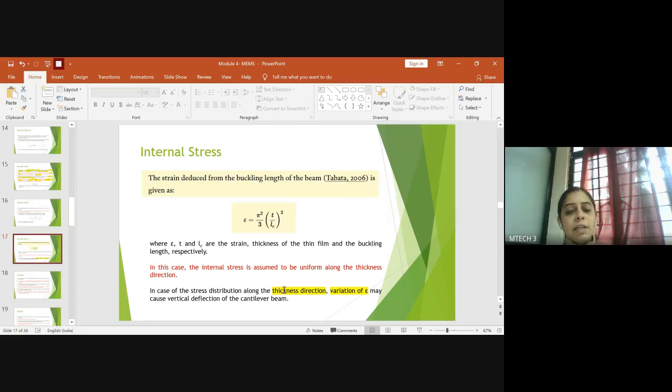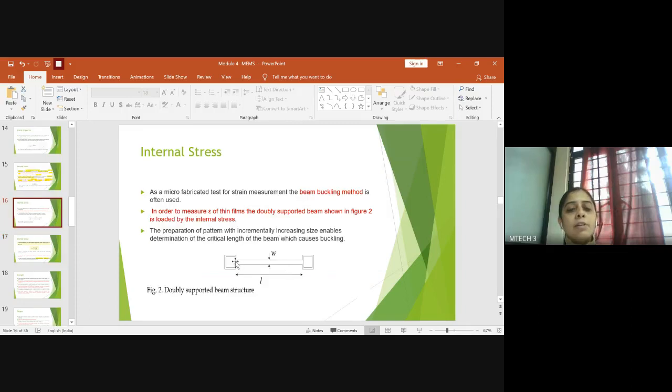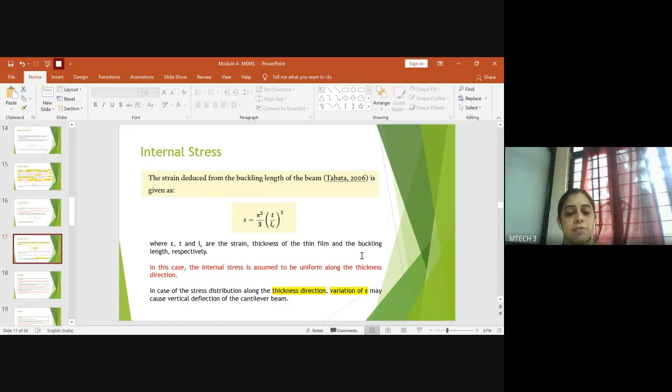Based on the thickness, even the stress which has been distributed uniformly across the length of the MEMS device will also vary. If the thickness is very small and the load subjected is very low, then the pressure distribution will be uniform, but it will be very small. The amount of pressure across each section will be very small. The same way, if the thickness is high and the load applied is high, the pressure distribution across each section of the device will also be higher, and the strain induced across each section will be higher.